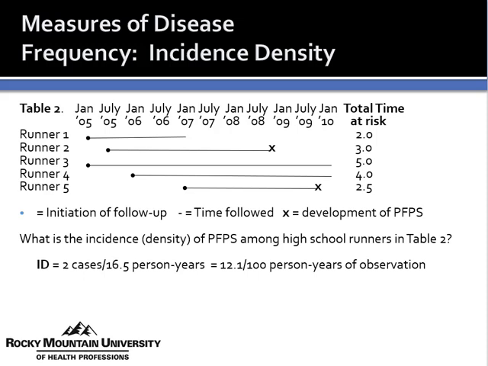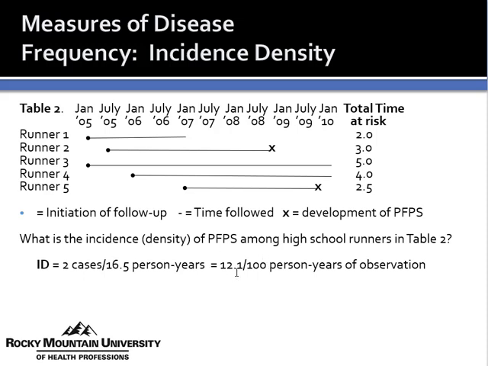And then do a conversion to make it to some number like 100 or 1,000 person years, whatever you deemed was appropriate for your particular article. And here we now have, instead of it saying 2 cases per 16.5 years, something that people can kind of think about.